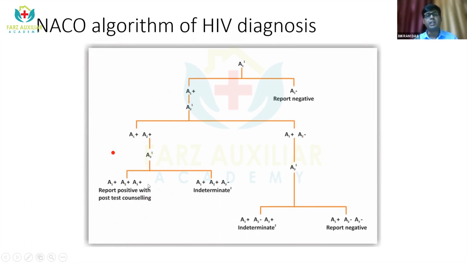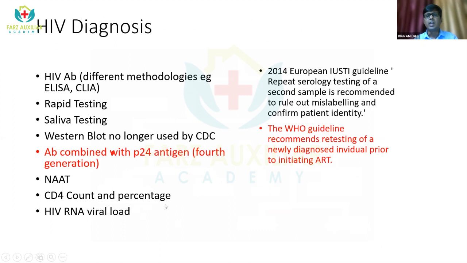If all 3 are positive, we report it as positive. But if either A2 or A3 comes negative, we report it as indeterminate. If both A2 and A3 are negative, even if A1, the most sensitive, is positive, but the specific tests are negative, we report it as negative. So I have already discussed how to diagnose HIV.